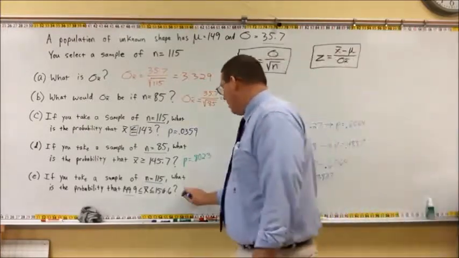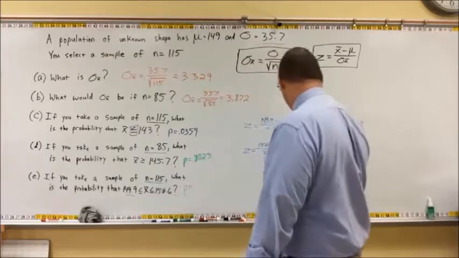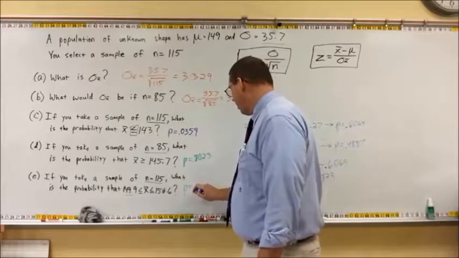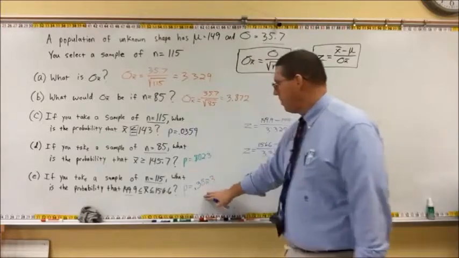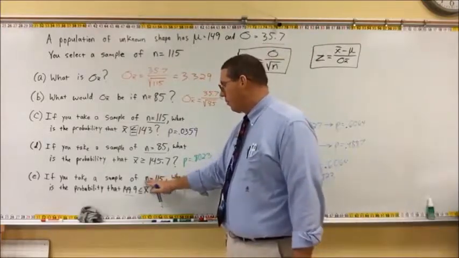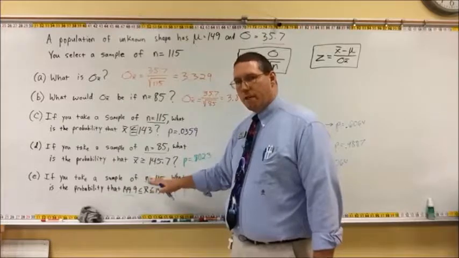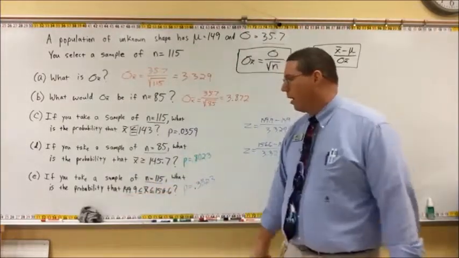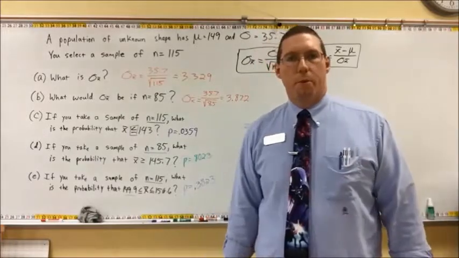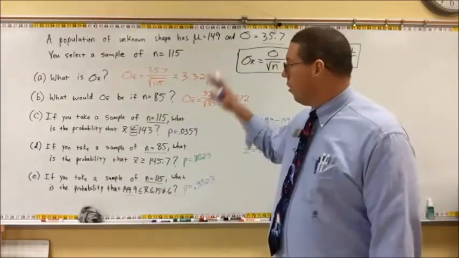So my answer here, p is equal to 0.3823, which means there's about a 38% chance that when I take this sample, the sample mean, x bar, is going to be between 149.9 and 156.6. Okay? So we answered all those questions.